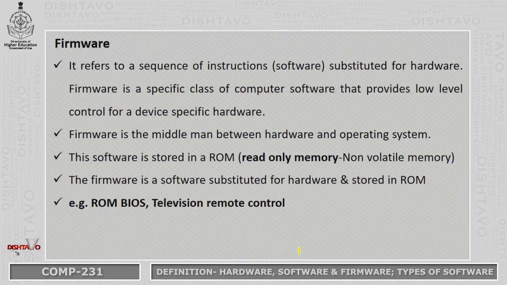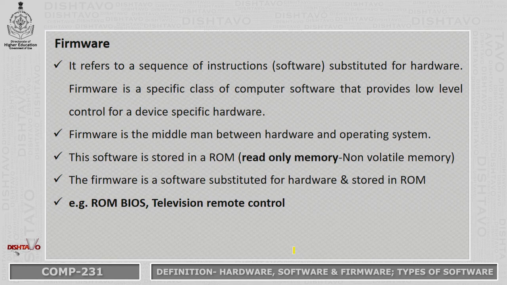Next is the firmware. It refers to a sequence of instructions, that is software, substituted for hardware. Firmware is a specific class of computer software that provides low-level control for device-specific hardware. Firmware is the middleman between hardware and operating system. This software is stored in read-only memory, that is ROM, which is non-volatile, or permanent, memory.